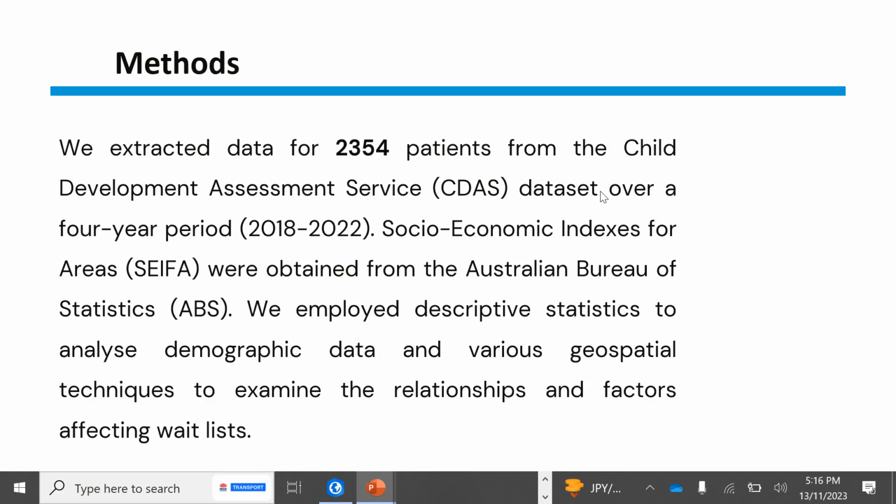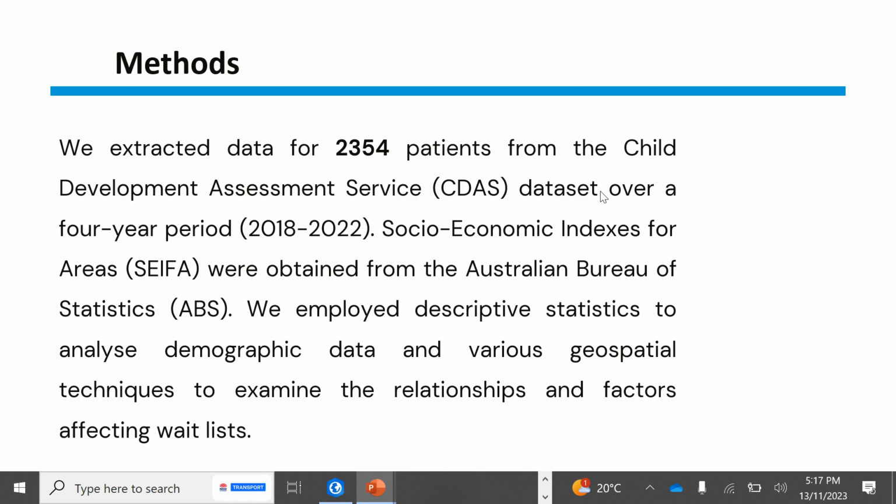A little bit about the methods and the case study. We extracted data for 2,354 patients from the Child Development Assessment Service, or CDAS, dataset over a 4-year period between 2018 and 2022, which also covers COVID-19 time. Socioeconomic Indexes for Areas, known in Australia as SEIFA, were obtained from the Australian Bureau of Statistics, or the ABS.